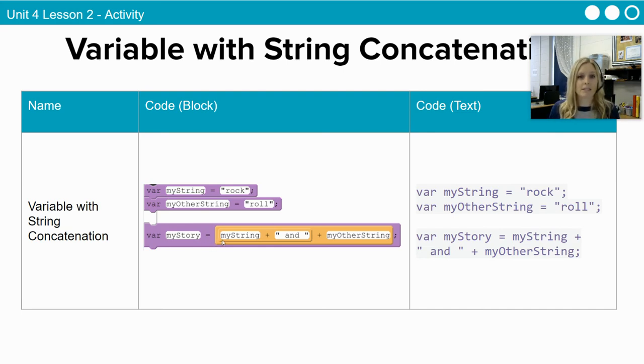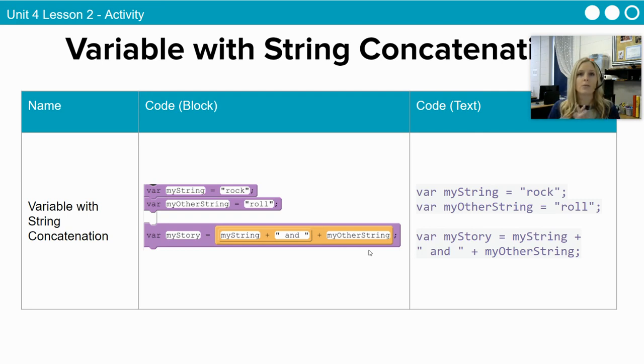And then we would concatenate everything. Here we're taking the value of my string, which is rock, adding a new string, space and space, and then adding my other string, which is currently roll. So the result of this would be rock and roll.